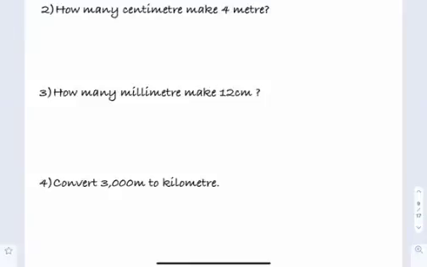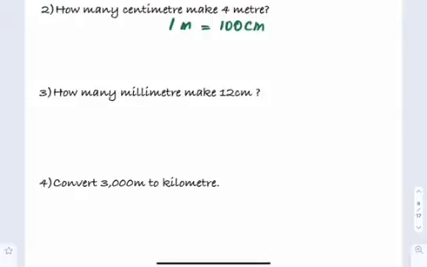Now moving on to the next problem. How many centimeters make 4 meters? Now again, for the standard, we will first write 1 meter is equal to, what is the standard that we have followed? 100 centimeter. 1 meter is equal to 100 centimeter is the standard.